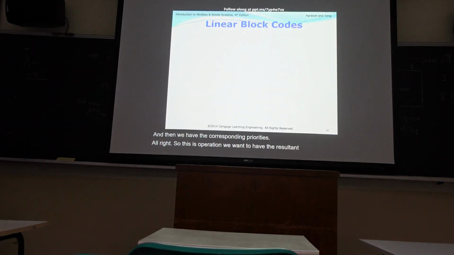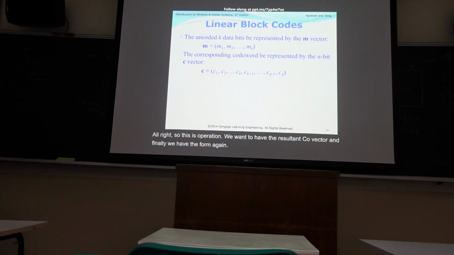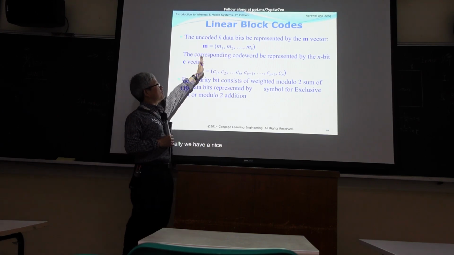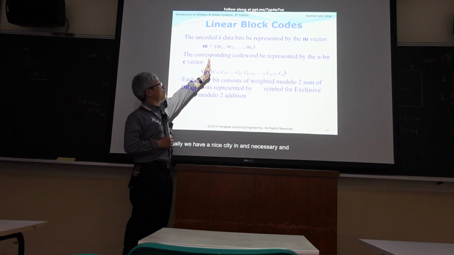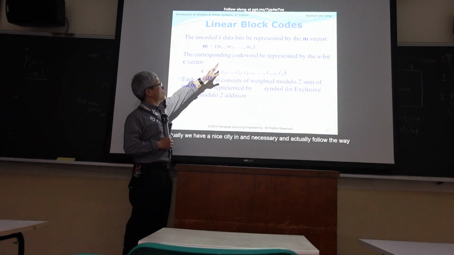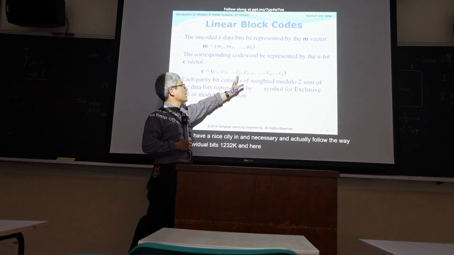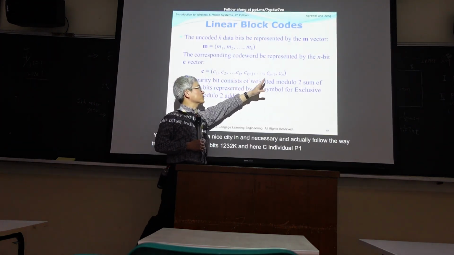And finally we have the form again. You see, we have a message with individual bits 1, 2, 3 to K. And here, C has individual bits 1 to K, and CK plus 1 to Cn.